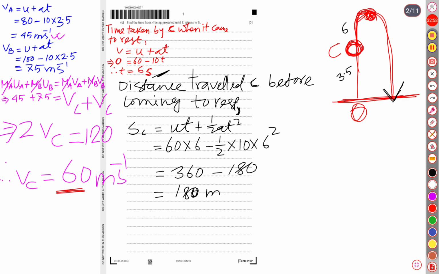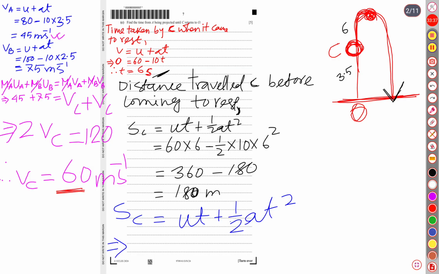Again we are going to apply the same concept. When it came down, we will write sC is equal to ut plus half a t squared. So sC we have already calculated.